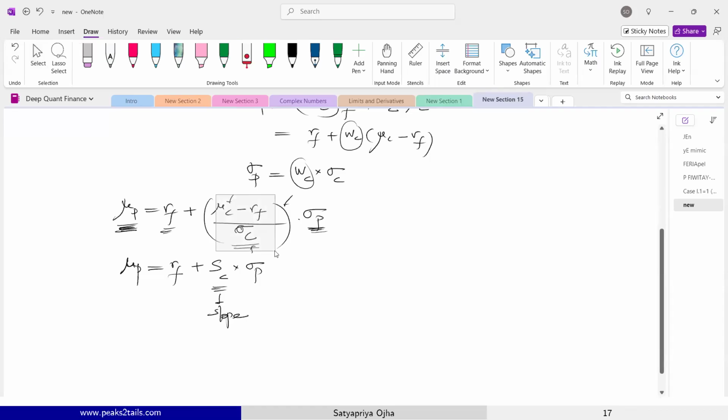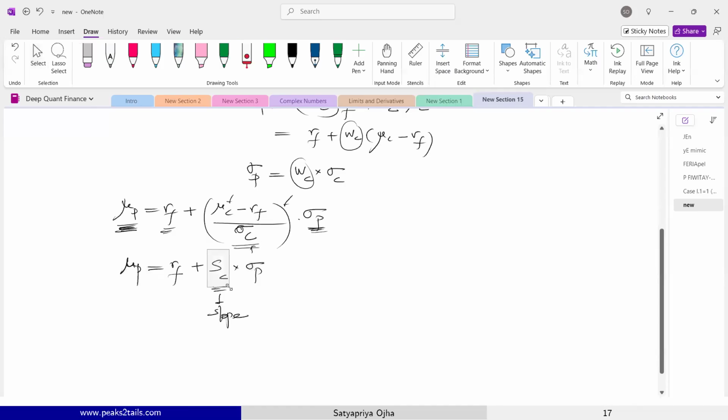Depending on which C you choose, you get the corresponding slope. So mu of the portfolio increases with risk through this slope. You can define this as the rate of change of return with respect to risk, or the additional mean return you generate for taking 1 unit of additional risk.